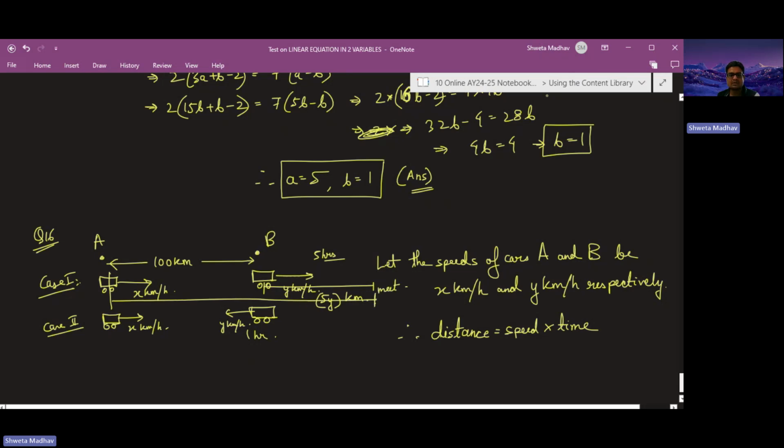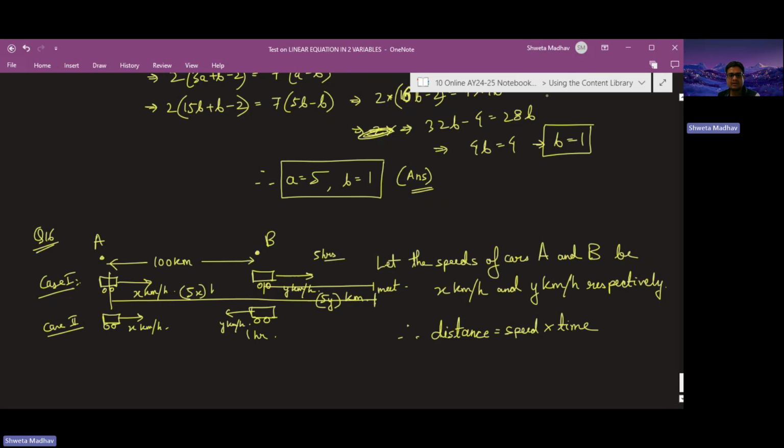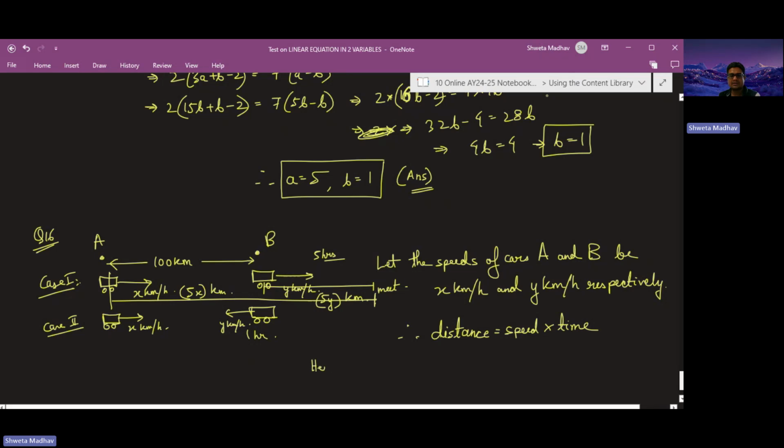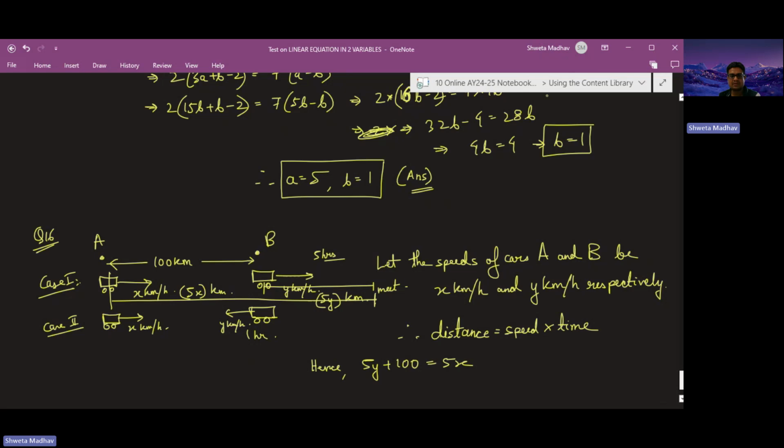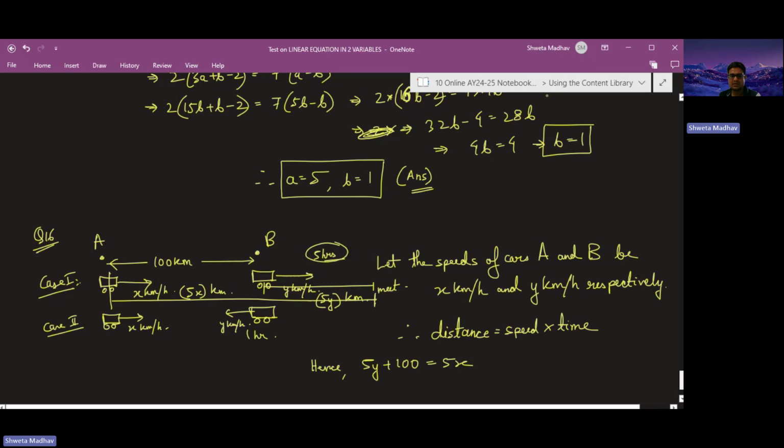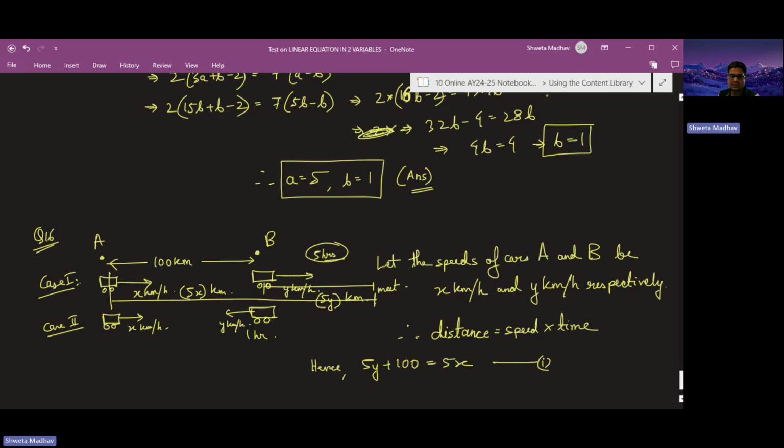So the distance traveled by car A should be 5x kilometers. So we can say that 5y plus 100 should be equal to 5x, since the distance traveled by car A is 100 kilometers more than the distance traveled by car B in 5 hours. This is our equation 1.